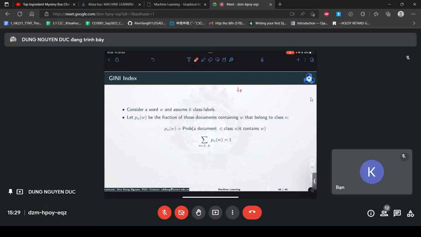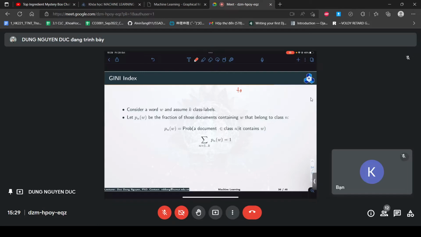And because of that, the probability of having that word in the documents of each class n is equal. So we say it's no use, it's no good. That word will not help you in the classification process. So we don't care about it.